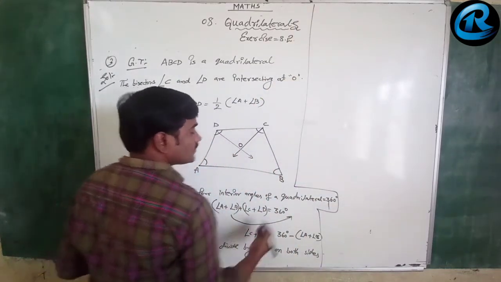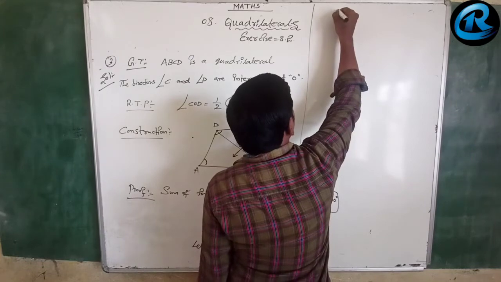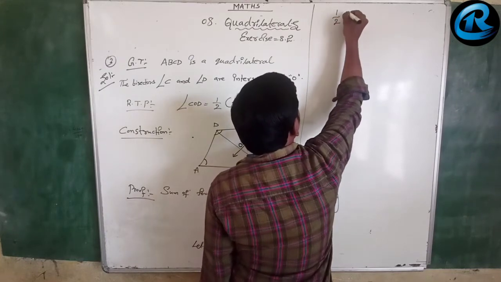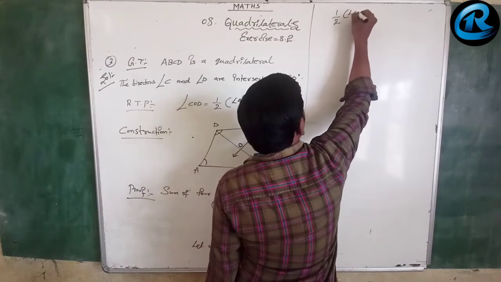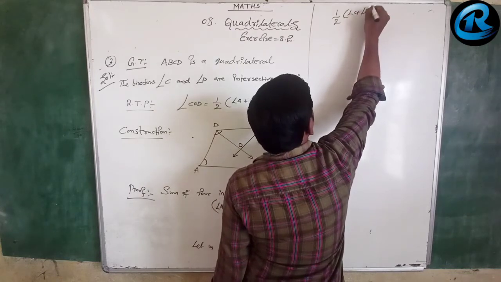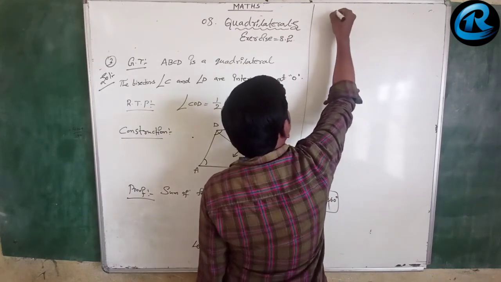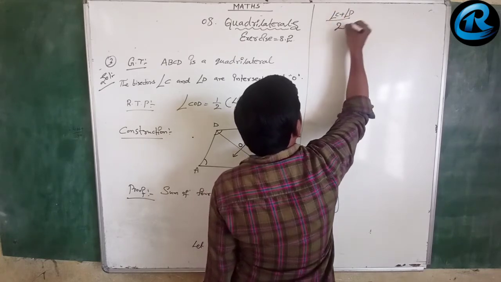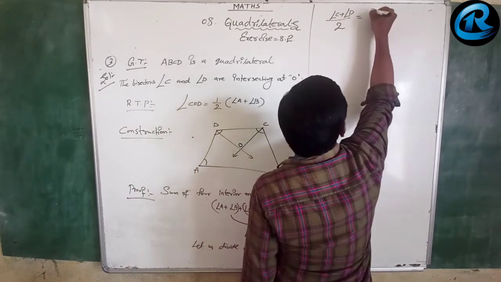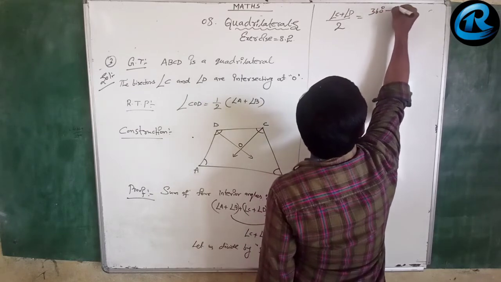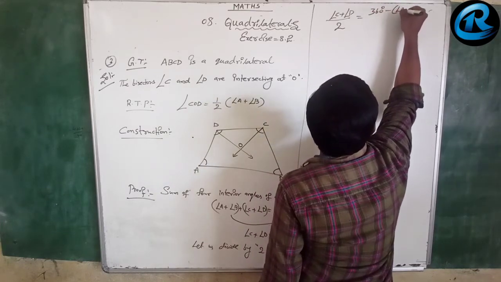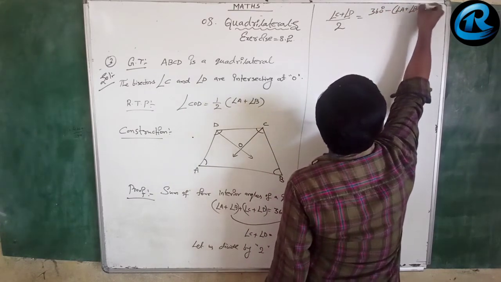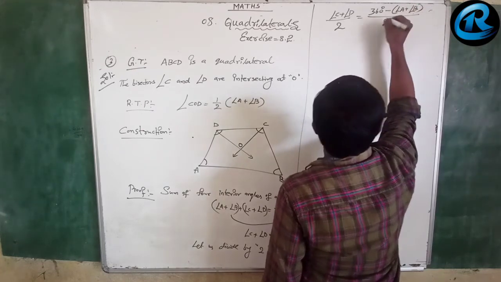We get, see here, we are dividing angle C plus angle D by 2, which equals 360 degrees minus (angle A plus angle B) by 2.